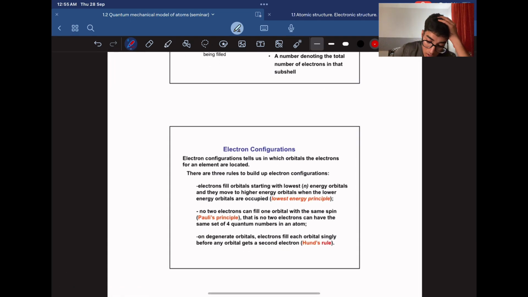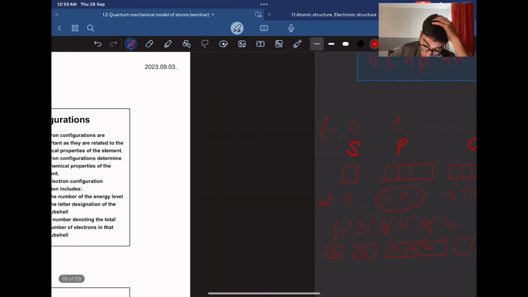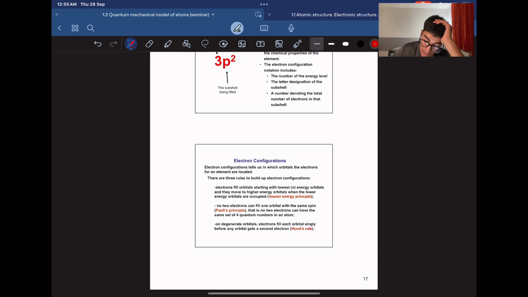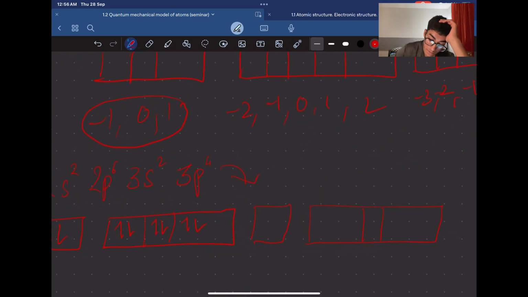This is a very important rule, and that rule is Hund's rule: single electrons fill each orbital singly before any orbital gets a second electron. So this, just 1 and 2. And this, remember again, 1, 2, 3, 4, 5, 6.